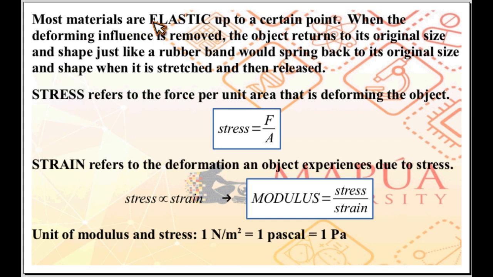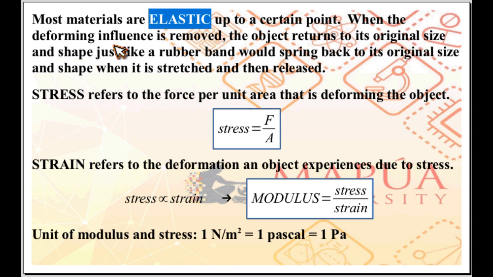Most materials are elastic up to a certain point. When we say elastic, when we twist or stretch or compress an object, the object will twist, stretch, or compress. And then when we release, the object returns to its original size and shape.